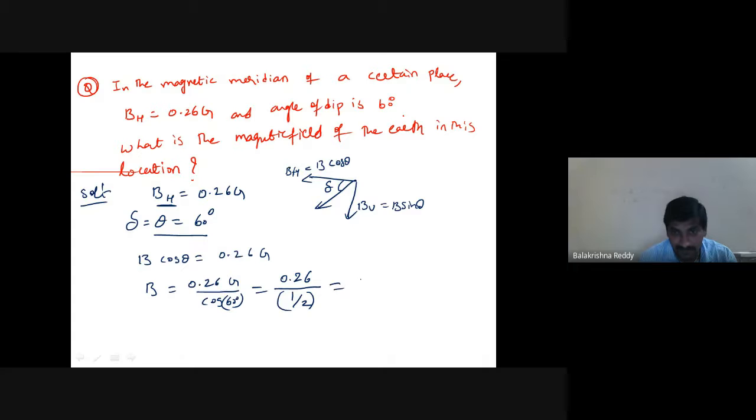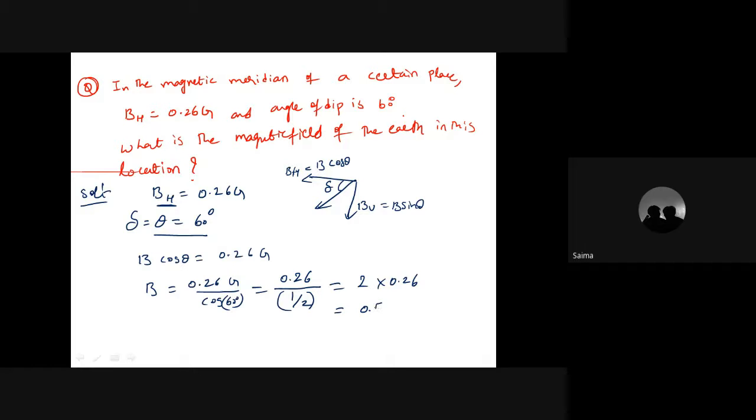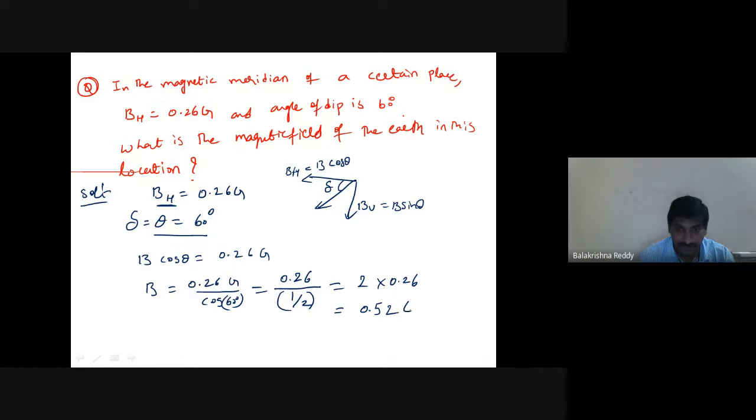So 2 into 0.26 gives us 0.52 Gauss. This is the magnetic field in that location.